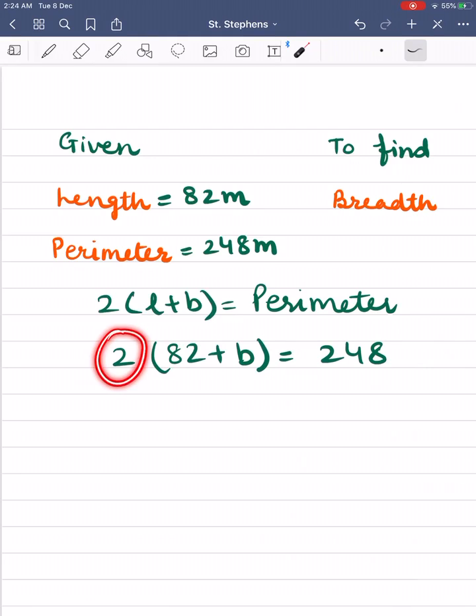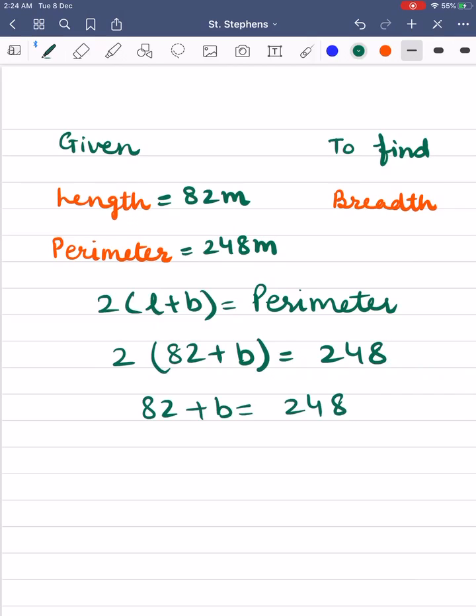Transpose 2 to the other side. Here it is being multiplied. So on transposing it will get divided. So we have 82 plus B is equal to 248 upon 2. Cancel out the common factor. We get here 82 plus B is equal to 124.